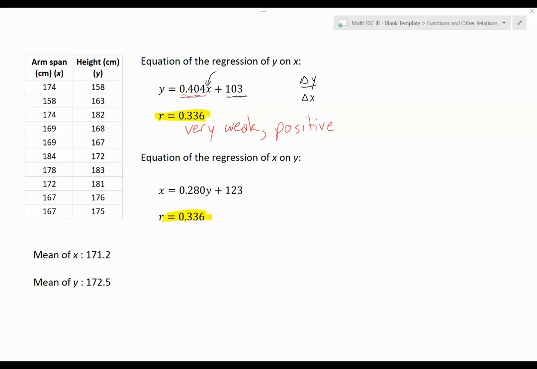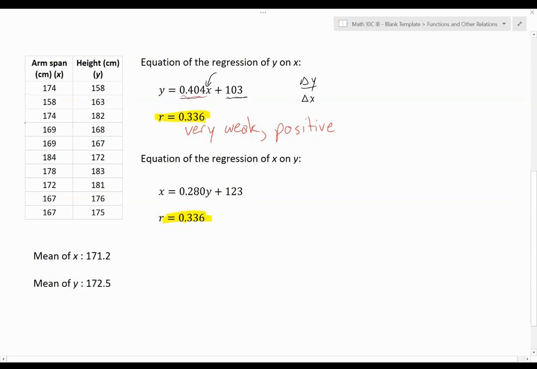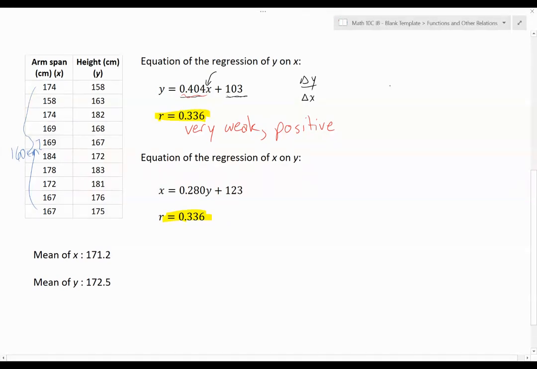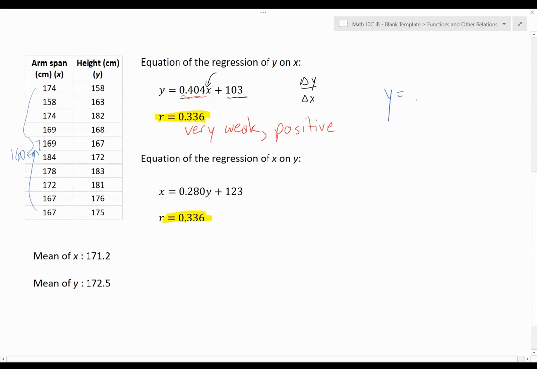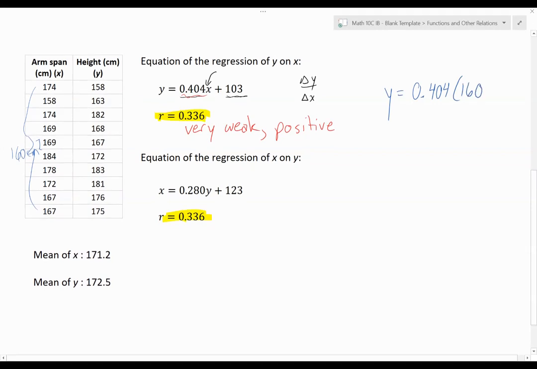But with that first equation, if I wanted to say, okay, well, what would I estimate the height to be for somebody with an arm span, say, of 160 centimeters? Nobody in my data set had exactly 160 centimeters as their arm span. So what I could do is predict that the height would be approximately 0.404 times 160.